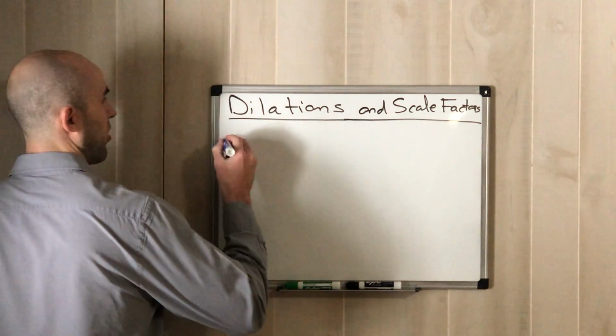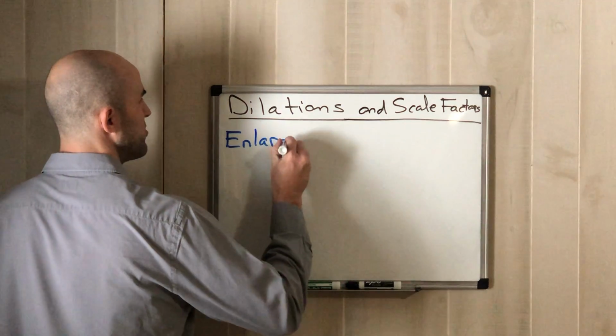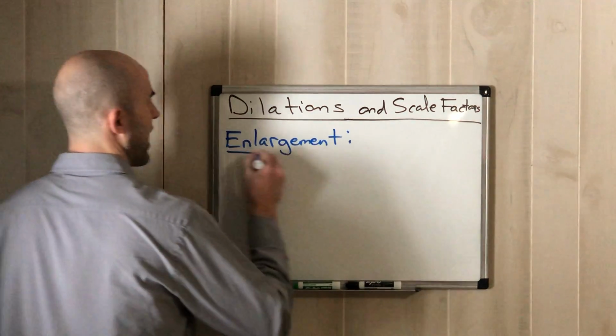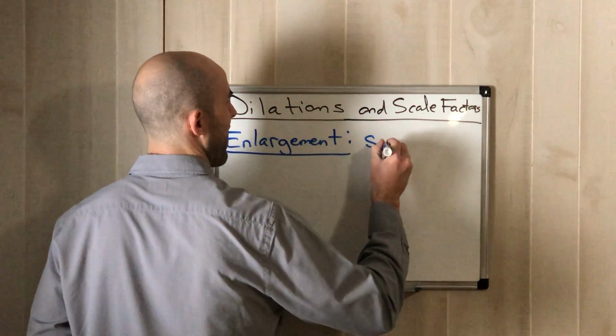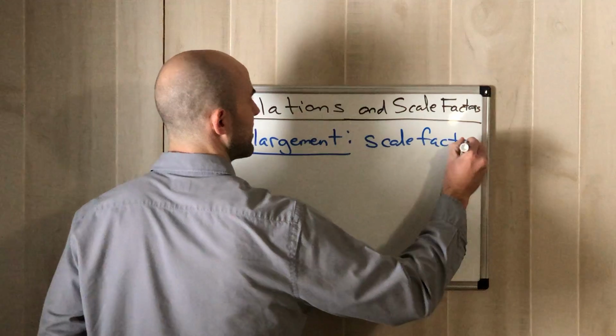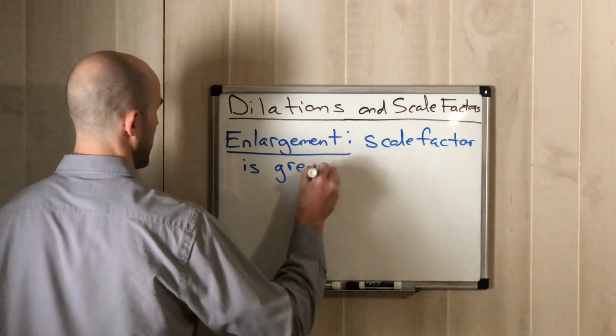So if we're looking at an enlargement, it's exactly what we saw, right? An enlargement, the scale factor is greater than 1, always.